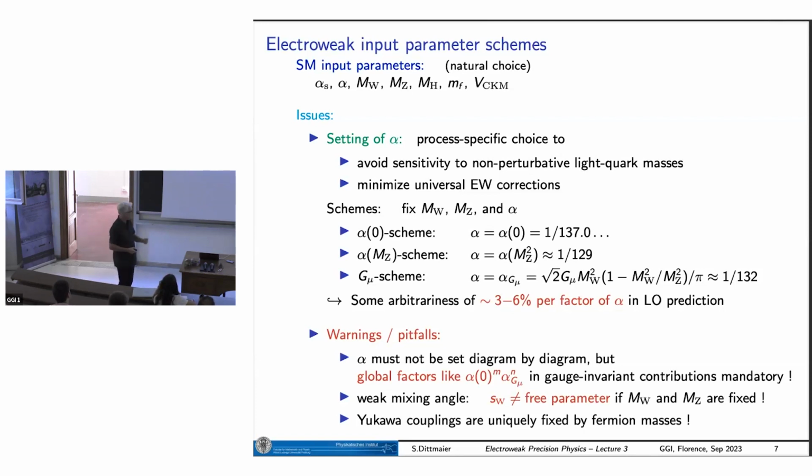So this means the following. If I make a prediction with this scheme at leading order without any renormalization, or in the second line here, I get a leading order prediction that changes by 6% for each power of alpha in the cross-section that I have. This is huge. If I, of course, calculate higher and higher orders, the difference has to go down, because finally I have to converge to a unique prediction, which is clear.